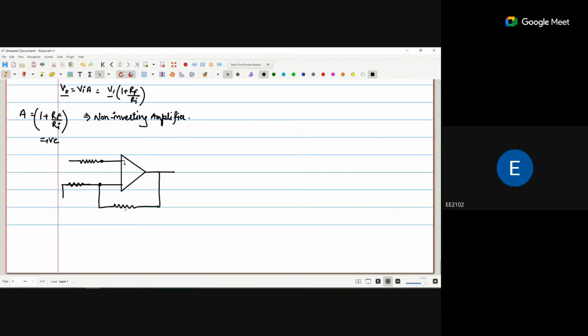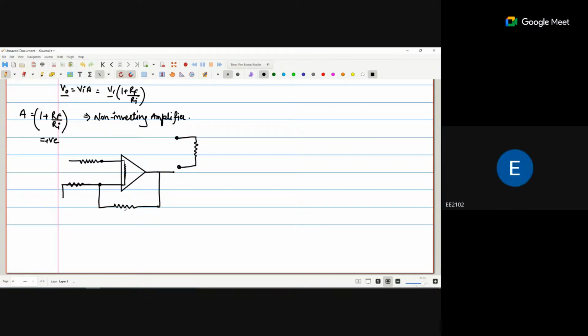If both terminal voltages are the same, we are saying that internally it is a resistance. If both voltages are the same, that means there is no voltage drop across this resistance. It is only possible when the internal resistance is infinite.